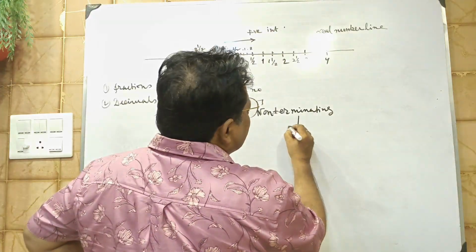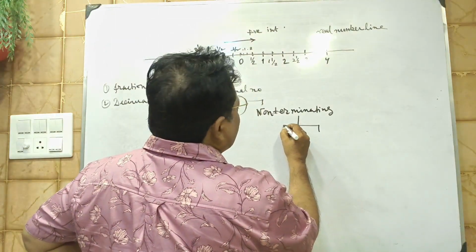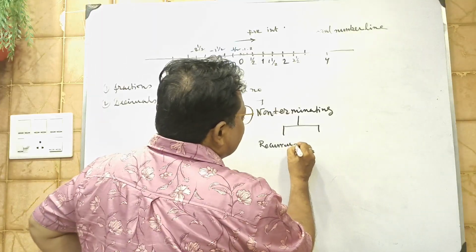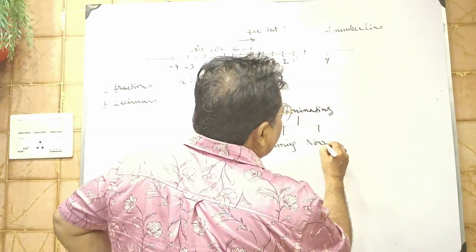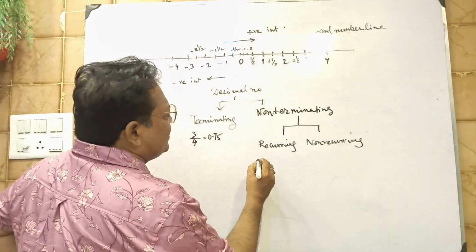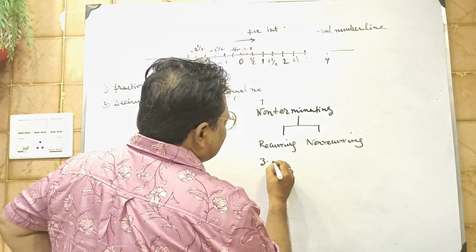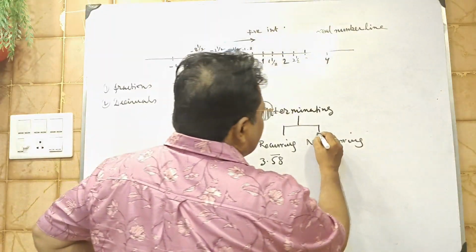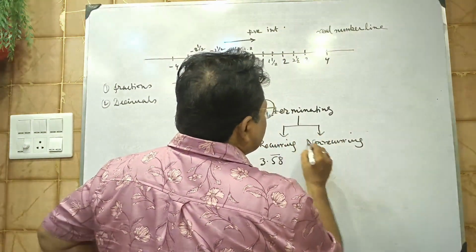But non-terminating decimals can be divided into recurring and non-recurring. Recurring means, as for example, 3.58 recurring.